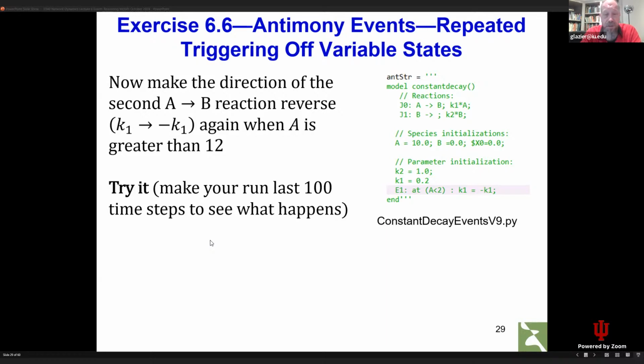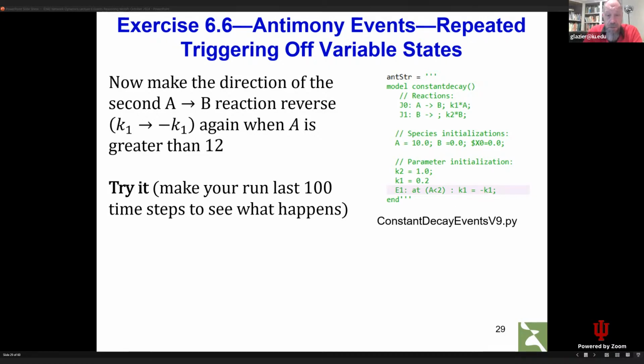And this time you want to make your simulation run for a longer time. Make it run for 100 time steps. So keep the E1 at A less than 2, K1 equals minus K1, and now have E2 at A greater than 12, colon, K1 equals minus K1.